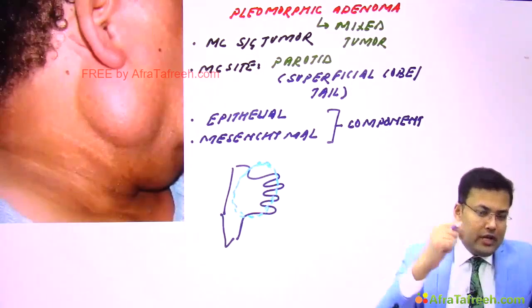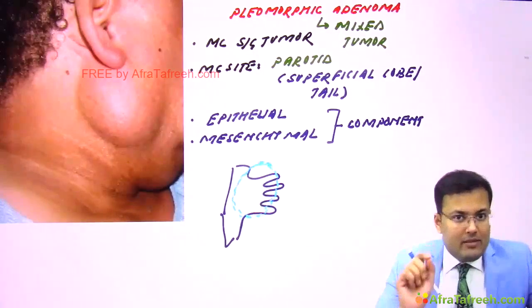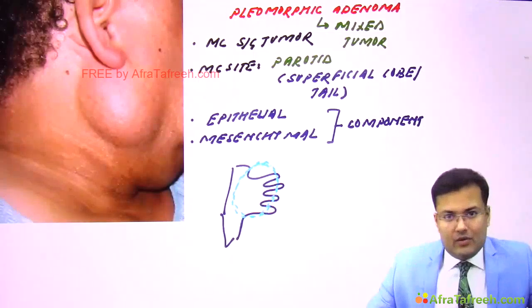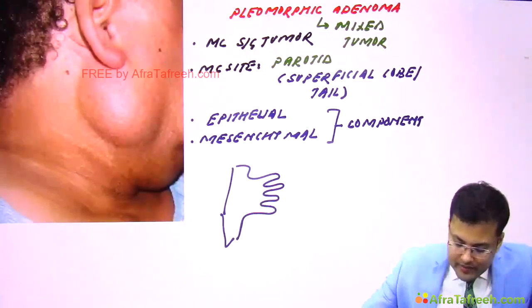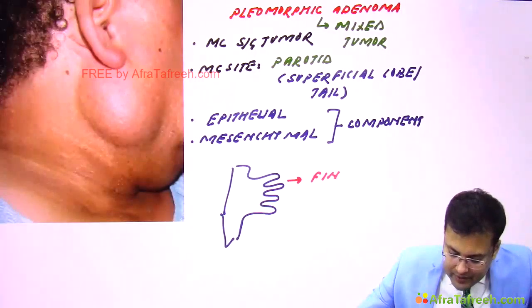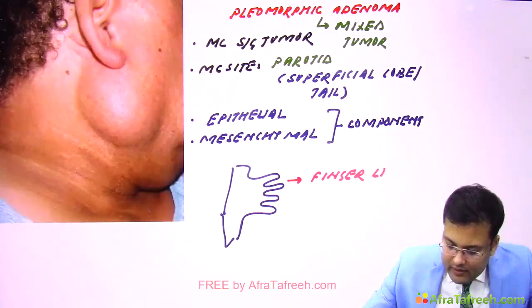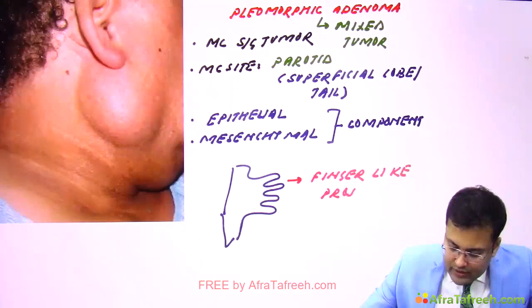Because if we go for enucleation, what will happen? There will be some remnant of the tumor or some projection which is left inside. And what is the problem? There is recurrence. So another important point, that it has finger-like projection, and it's also known as pseudopodia-like growth.